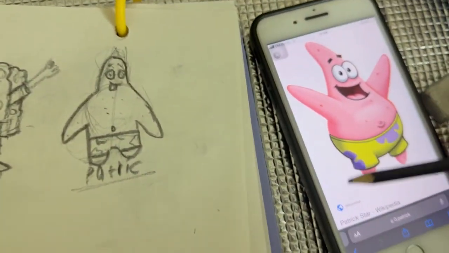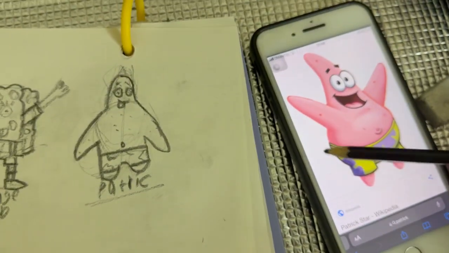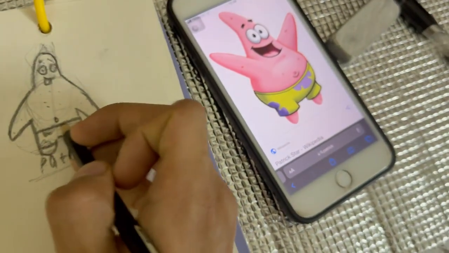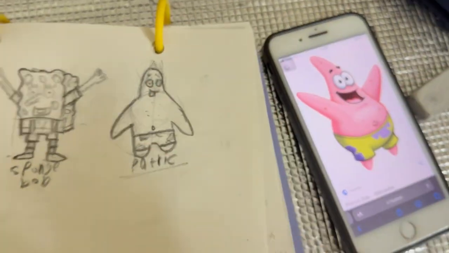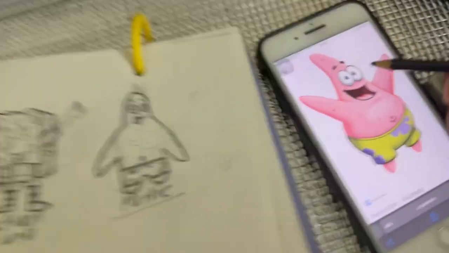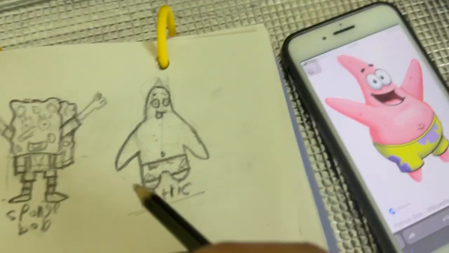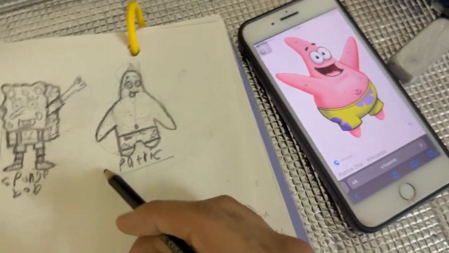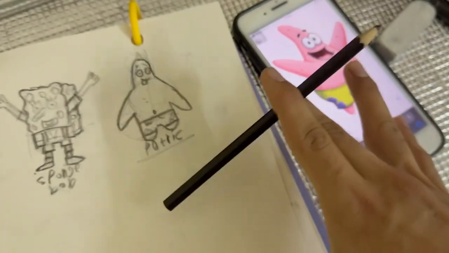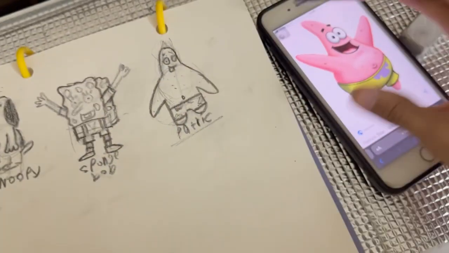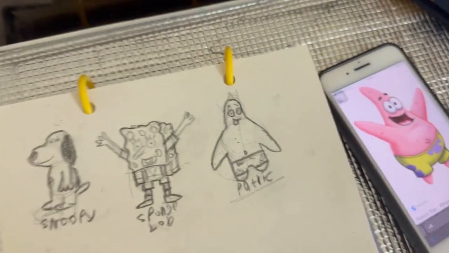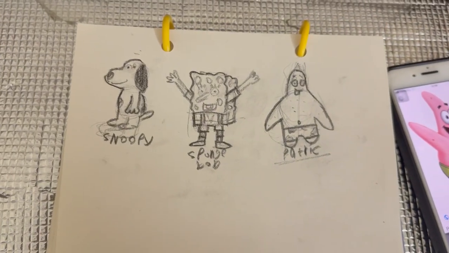Also, this part needs to be a little bit blacker, because we're drawing in black and white, so that makes a lot of sense. Most of the things I drew really well in Patrick, so I don't think we need to change many things, but it's better to keep that in mind. Yeah, that's Patrick.